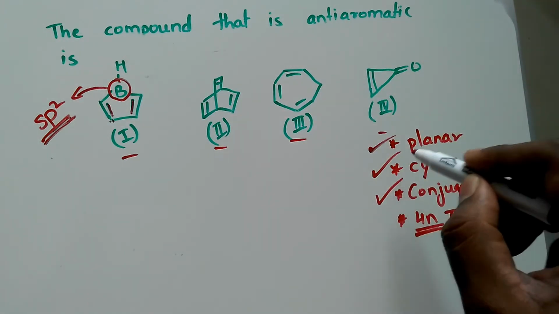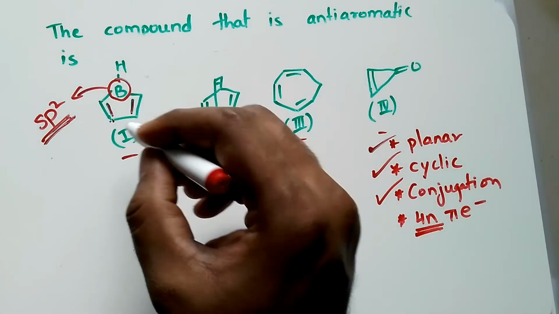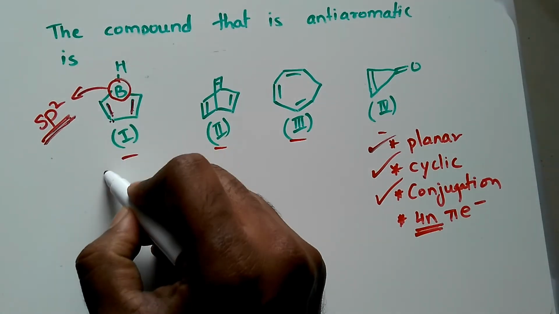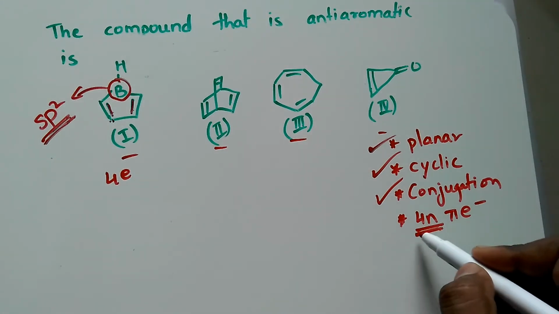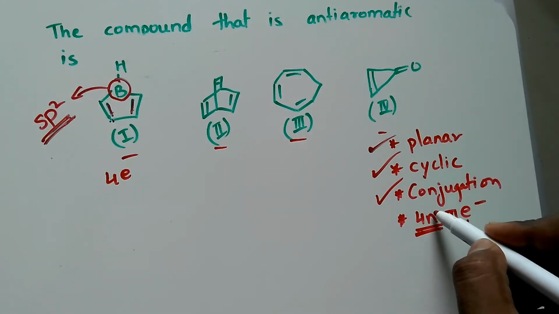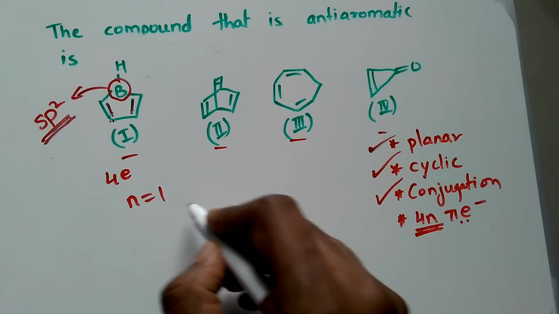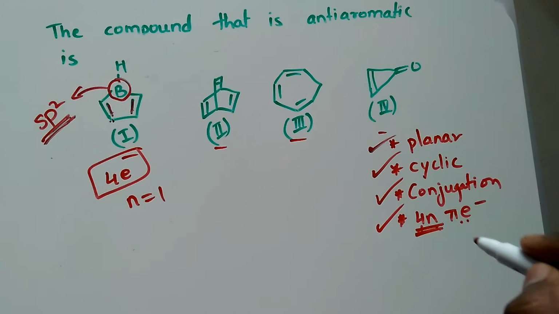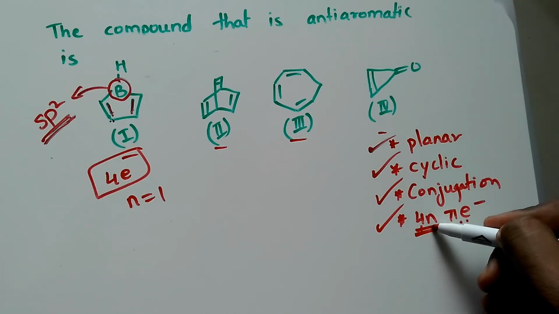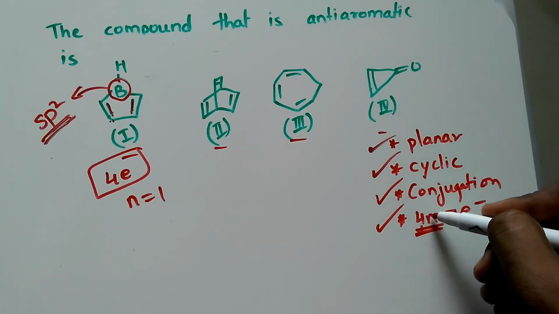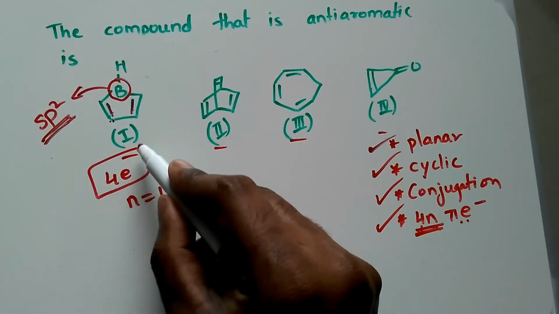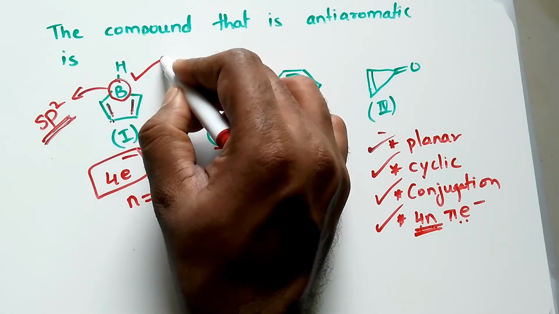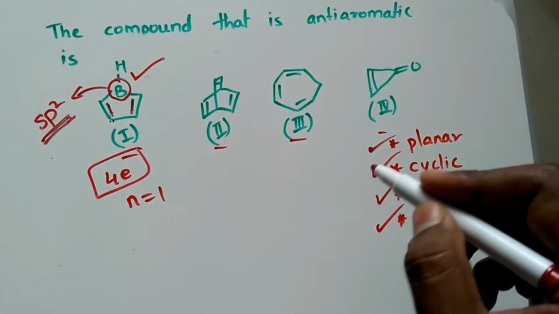So conjugation is there. Now regarding 4n pi electrons, we need to check. 1, 2, 3, 4, so 4 electrons are present in the ring. If you substitute n with 1, 4 times 1 is 4, so it is matching. All conditions are matching, so it will be anti-aromatic, a highly unstable molecule.